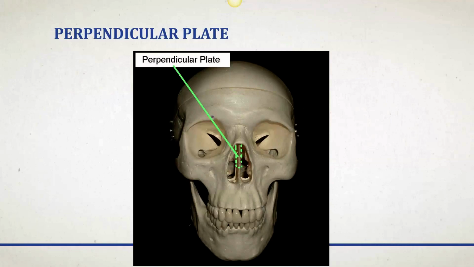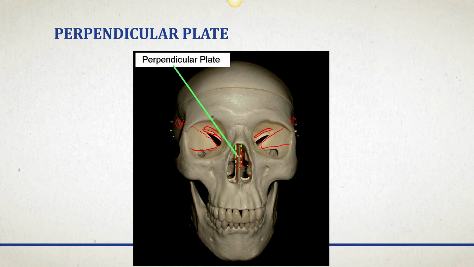So if we look inside of the nose, remember that this is the greater wing, and it goes up to here, of the sphenoid bone, up to here. This is part of the lesser wing of the sphenoid bone, above this little slit here. And then looking inside the nose, this top part is the perpendicular plate of the ethmoid bone.